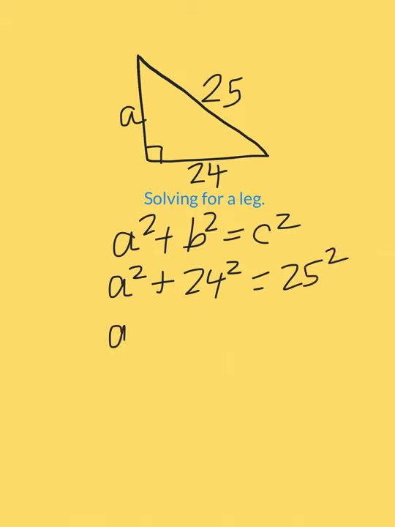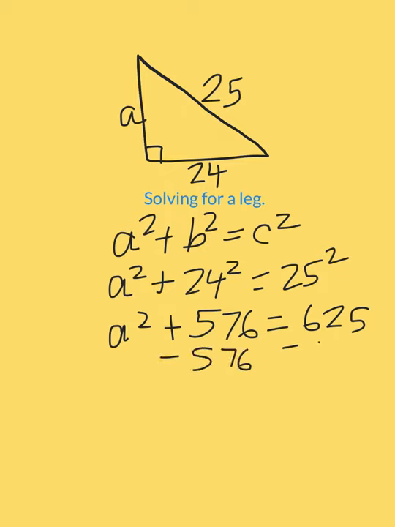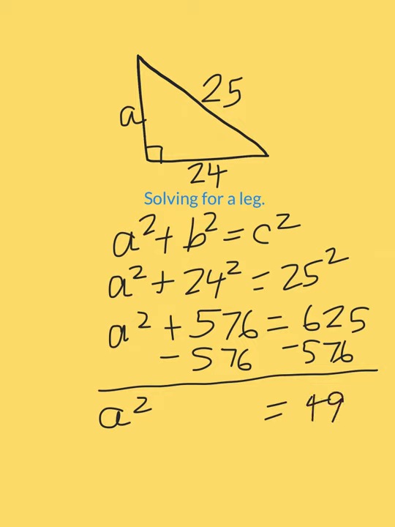So a squared plus 24 times 24, which is 576, equals 25 times 25, which is 625. Subtract 576 from both sides, and I get a squared equals 49.